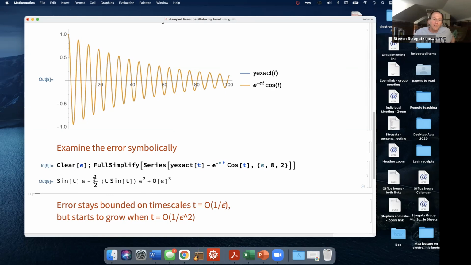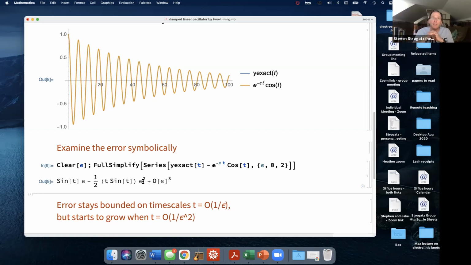However, there's this term, which says epsilon squared times t times sine t. So we're now producing a secular term at a super long time scale corresponding to this epsilon squared t. That becomes big when time is of order 1 over epsilon squared, which is extremely long into the future.